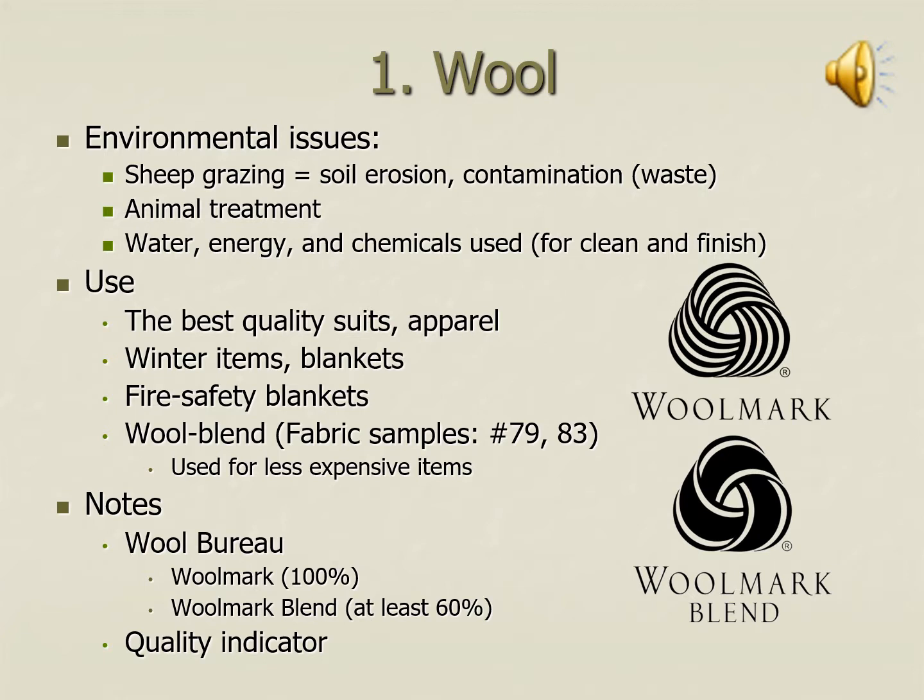Those will be on the tags or somewhere indicated on the wool items, and the wool mark indicates that the item is made of 100% wool, and the wool mark blend indicates that there's at least 60% wool in those items. So those are indicators of quality. As a result, they're going to be associated with cost, of course. So again, the 100% wool items are of higher cost than items made from blended fibers where wool is only a portion of the fibers.